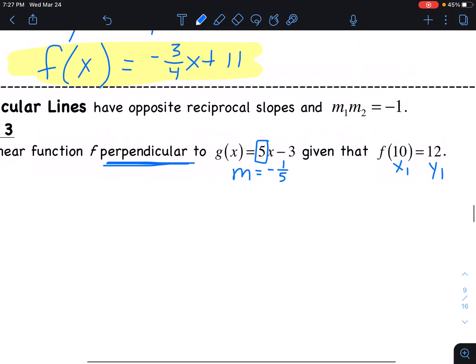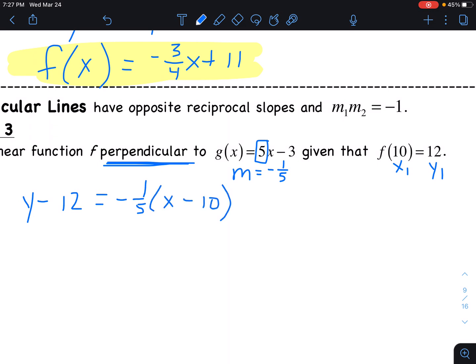So that's our slope we're going to be using in our point slope formula. Y minus y1 equals m, parentheses, x minus x1. Now we're going to convert this over to slope-intercept form. We're going to get rid of the parentheses and distribute negative 1/5.